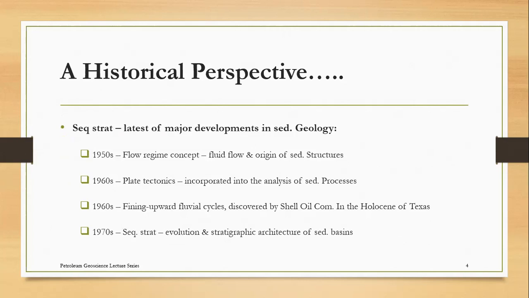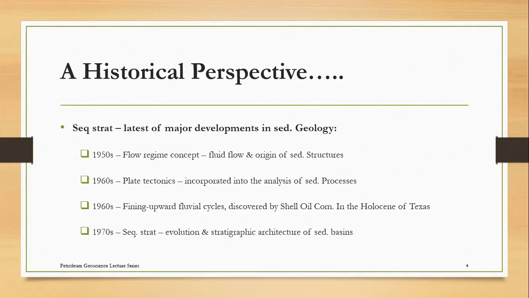So in terms of history, trying to look at how sedimentary geology has developed over time up to the point of sequence stratigraphy. In the 50s, the flow regime concept evolved. This was generally the flow and origin of sedimentary structures, where you dealt with upper and lower flow regime to understand what happens with different energy settings.